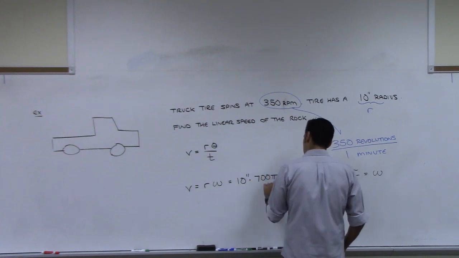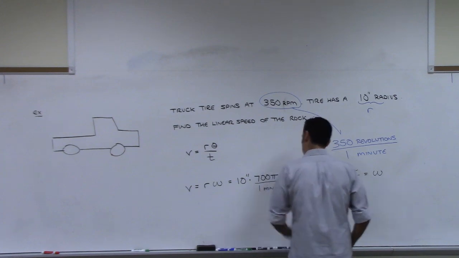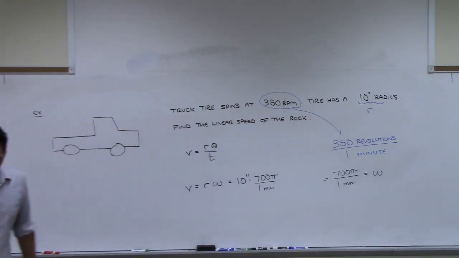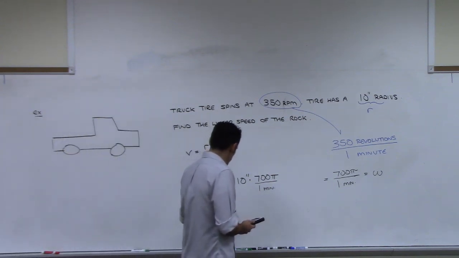And don't forget this is per minute, so I'm going to put the 1 minute on the bottom. So multiply 10 times 700 times pi, and then there's nothing to divide by, just 1 minute. So what are y'all getting approximately?